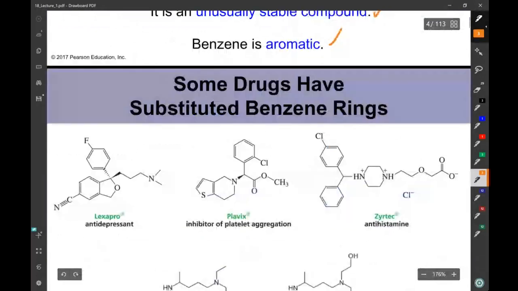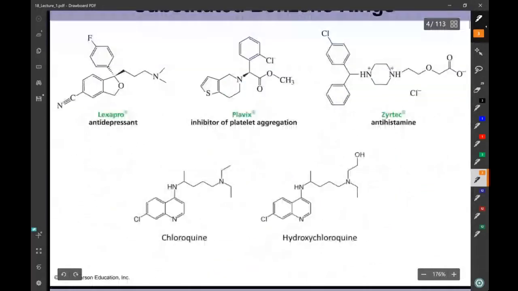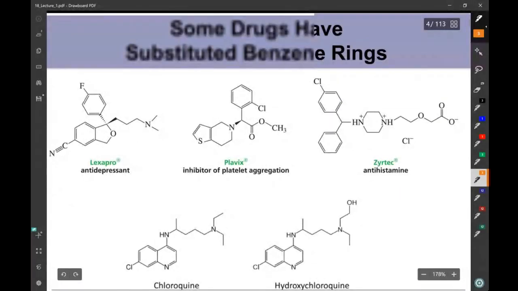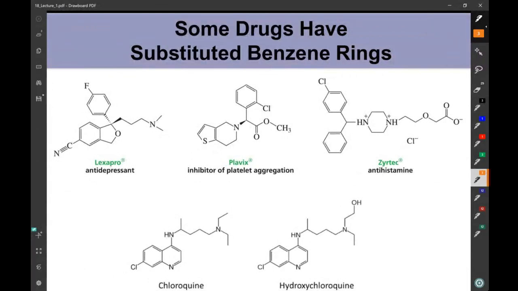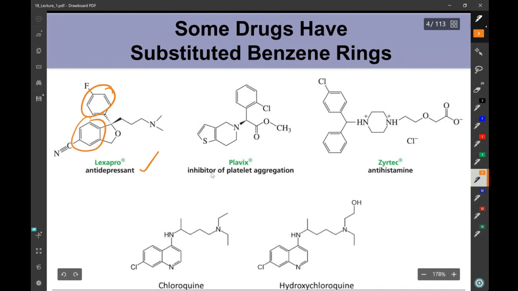Now, these aromatic molecules are very important in nature. From the medicinal aspect, some of them are used in manufacturing drugs. For example, if you look at the antidepressant Lexapro, you will see that there's a benzene ring present in there. There's another benzene ring present over there.